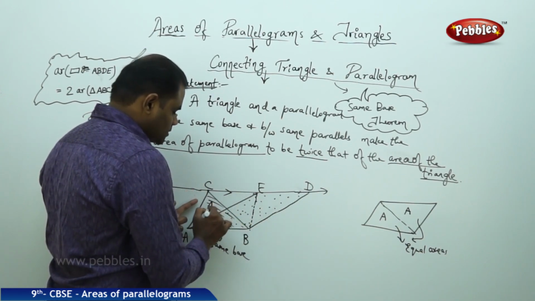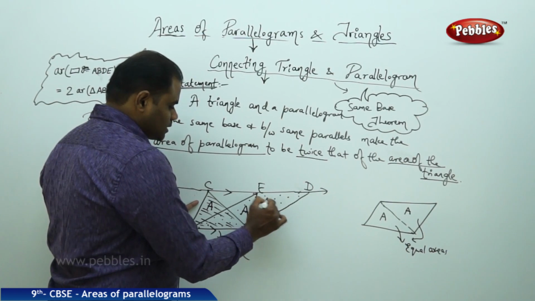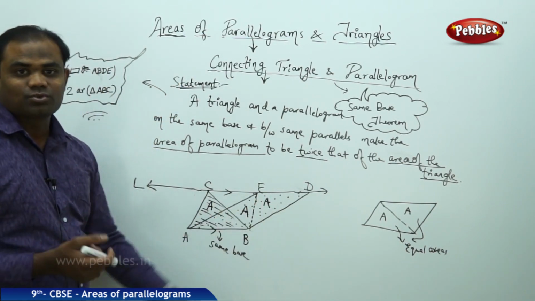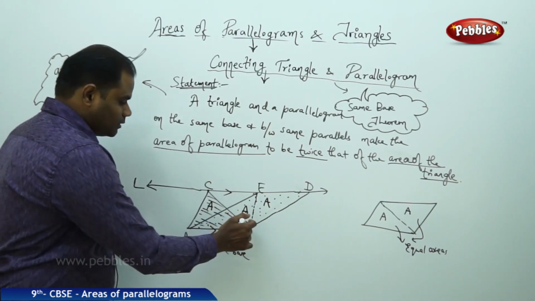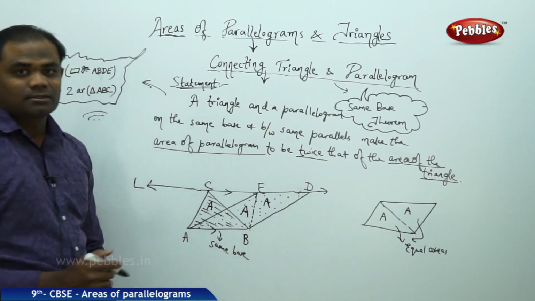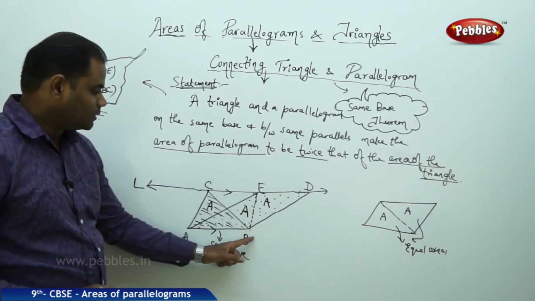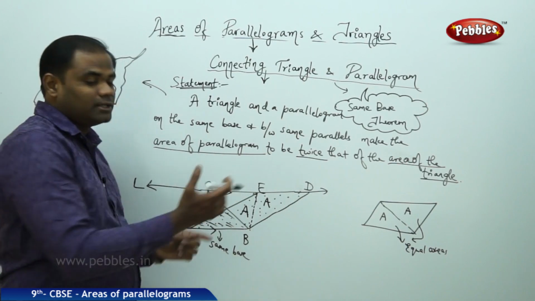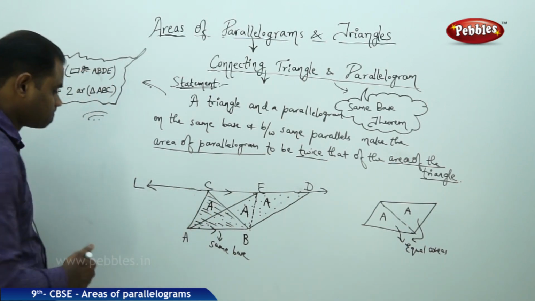So area of this equals area of this. So A plus A is 2A. Area of parallelogram is twice of area of triangle, is how we get when each of the areas are equal.